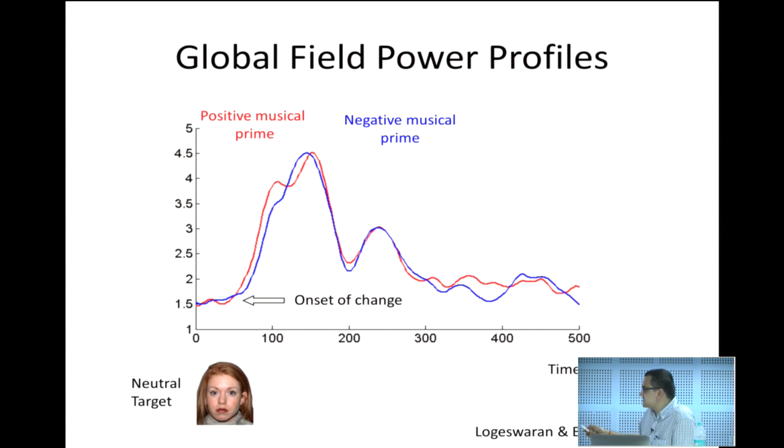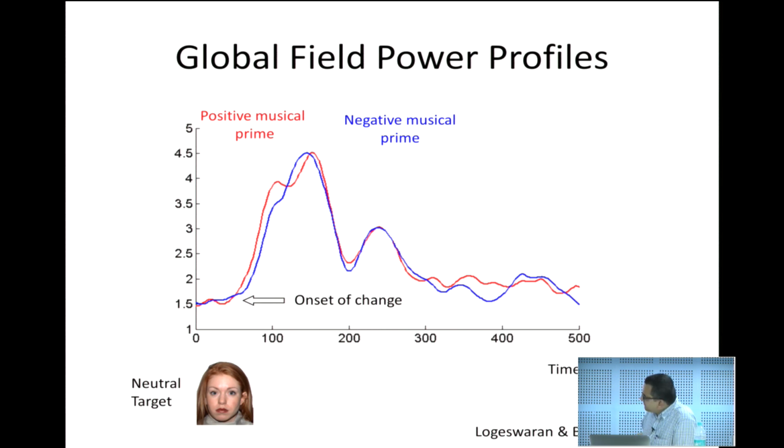In one case, the subjects listened to one type of music, in the other case another type of music. This red one is the global field power for one type of prime, when the subjects listen to a positive piece of music while looking at a neutral face, and the blue one when the subjects listen to negative music and look at the same face.